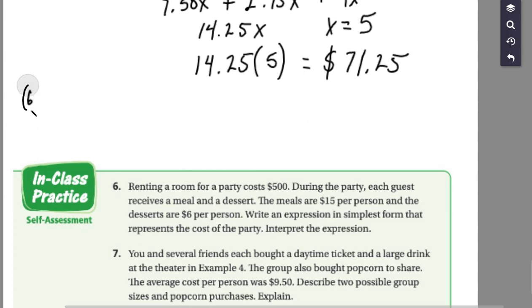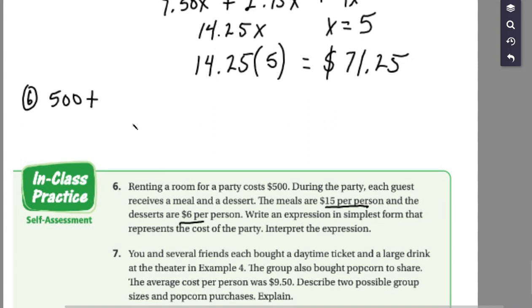All right, so I'm going to do number 6 right up here. So that is like the starting place. Everybody starts at $500. Everybody has to pay $500 to rent the room, but then we have additional costs because of the $15 per person for the meal and the $6 a person for the dessert.